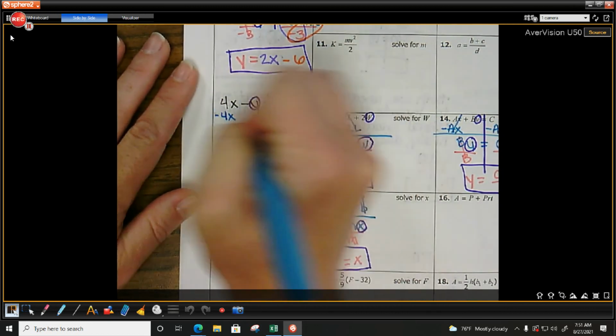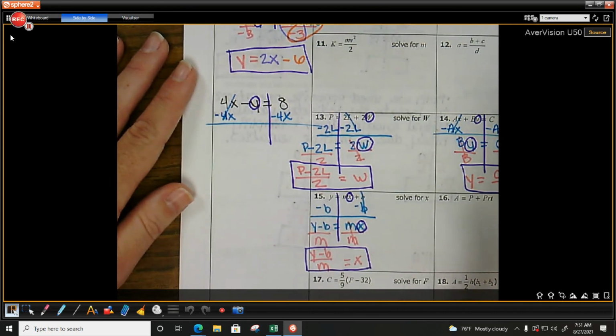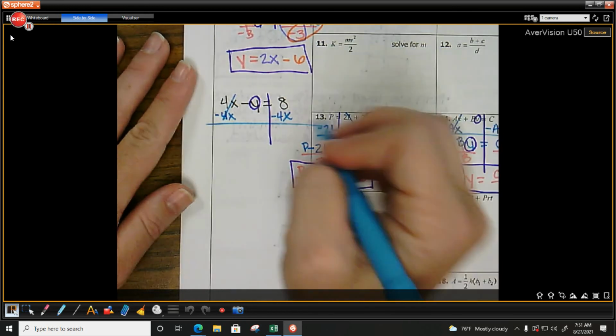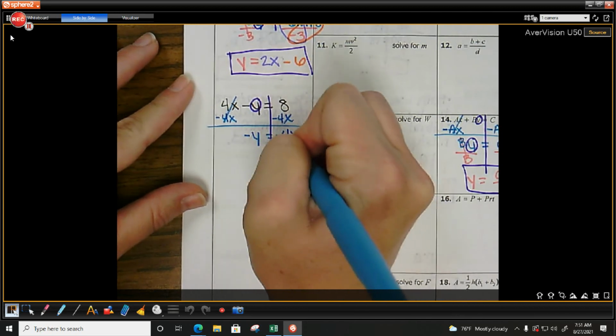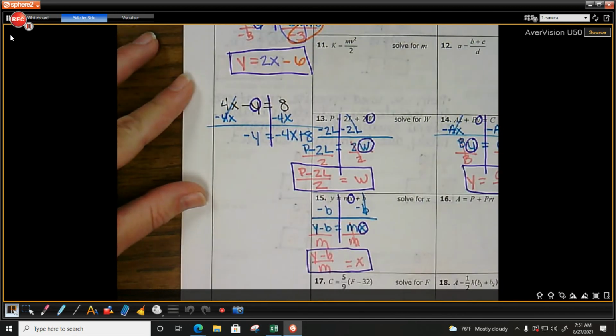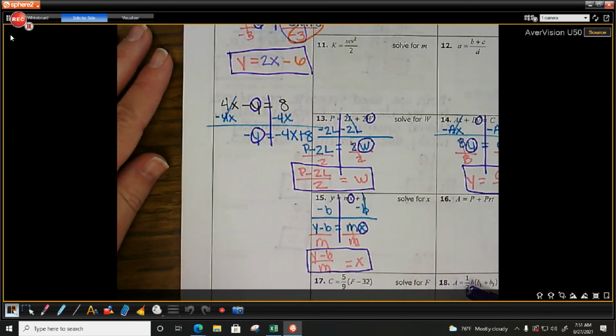What am I dropping down on the left? Not y. Negative y. So then I get negative 4x plus 8. Hold on really quick, I'm almost done. And then what do? Y is not by itself. Very good.